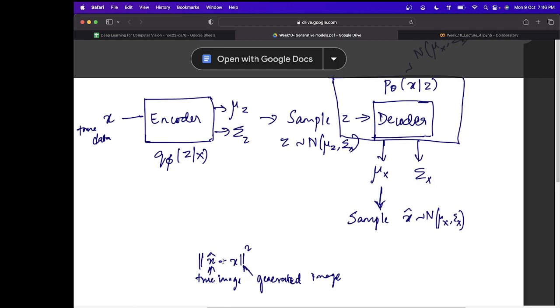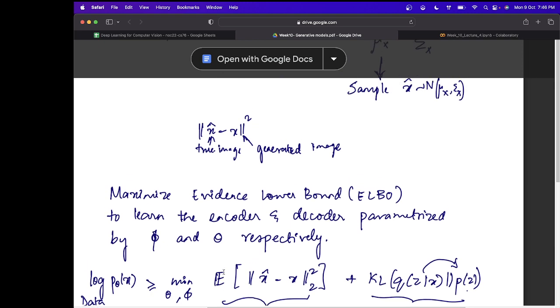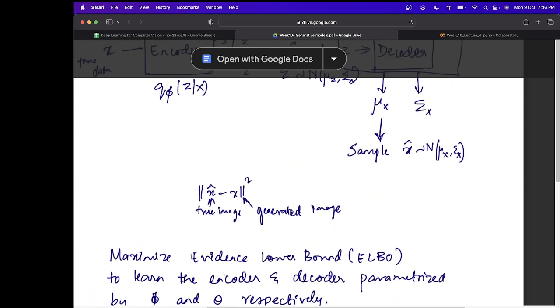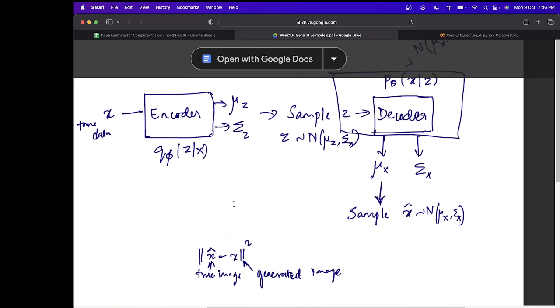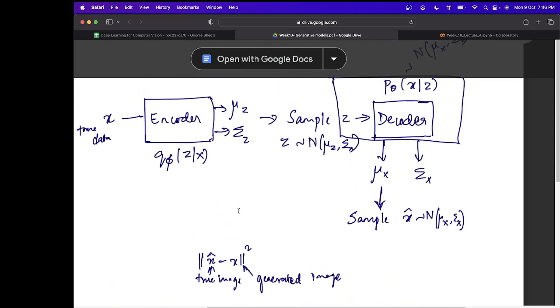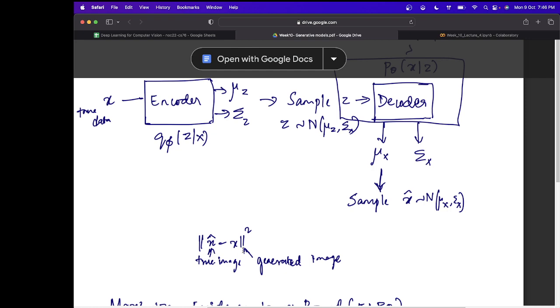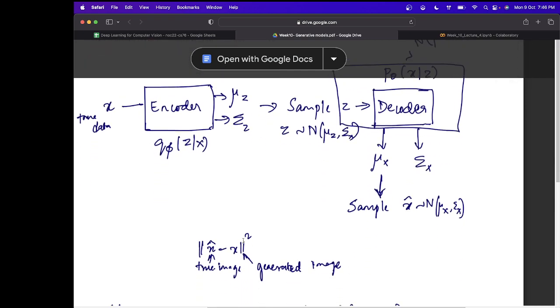We have exchanged these two by mistake. It doesn't really matter what order they are in because it's a square function, so it can be true minus generated or generated minus true. I hope you get the point. So this is the original loss function in autoencoders, right?